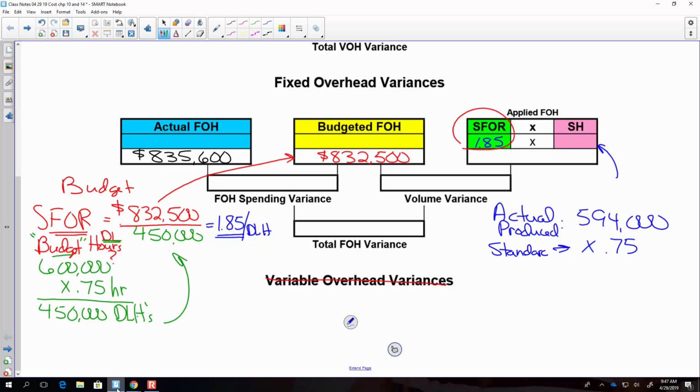We've done industrial studies. We've timed it out. We should be able to make one of these in 3/4 of an hour. And then how many allowed hours did we get then? 445,500. And that's what goes up here, 445,500.